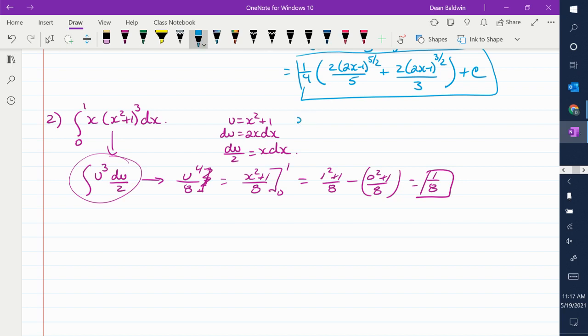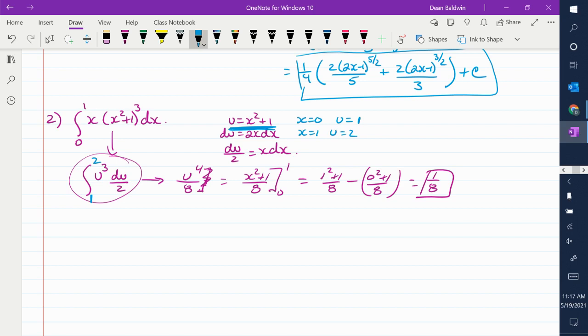So when x equals 0, what does u equal if I use this? 1. So now my lower would become 1. And if x is equal to 1, u is equal to 2. So these two integrals will produce the same answer.